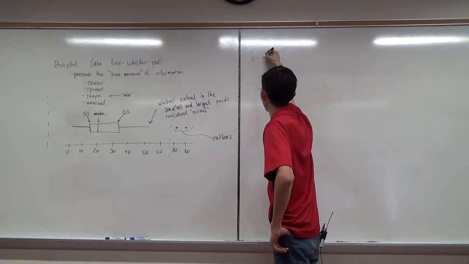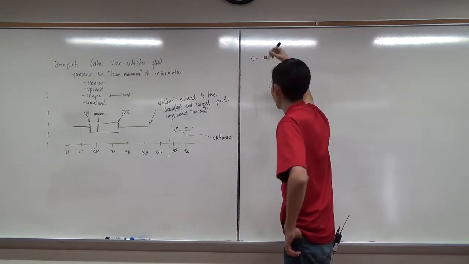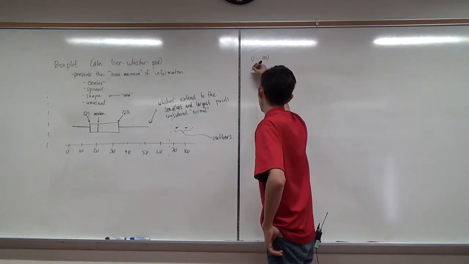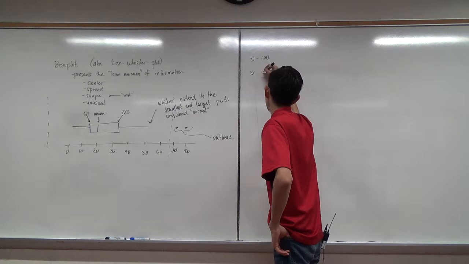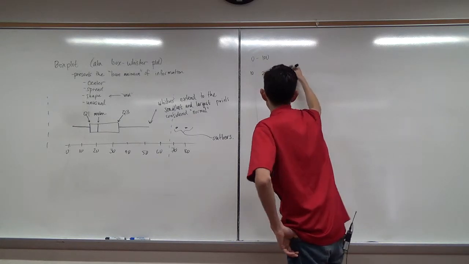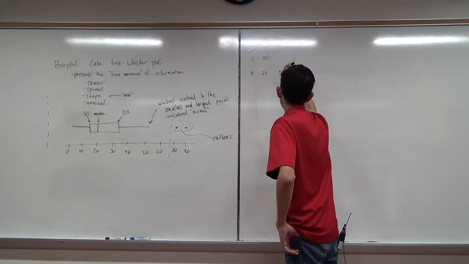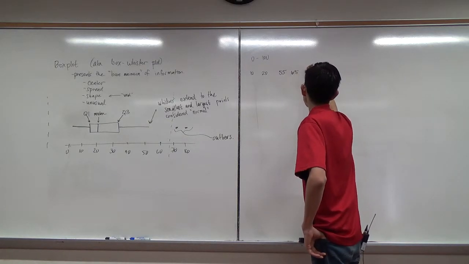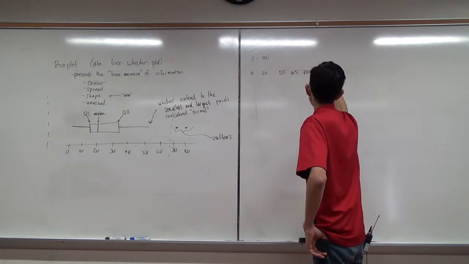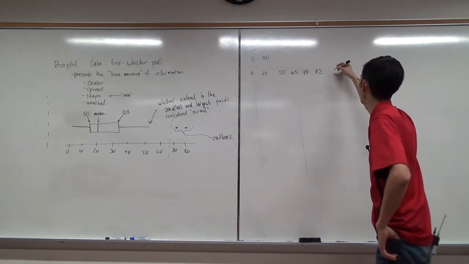You can score 0 to 100%, and let's say the test scores were 10, 20, and then 55, 65, 70, 72, 6.